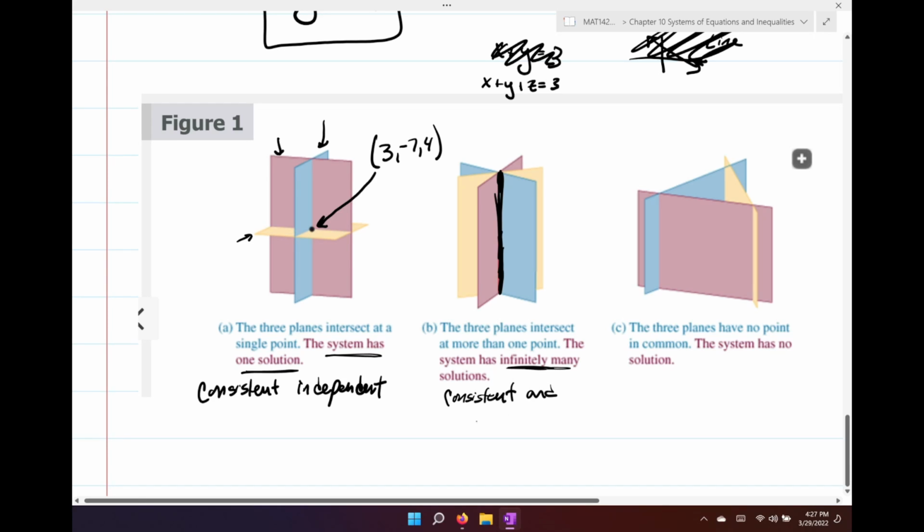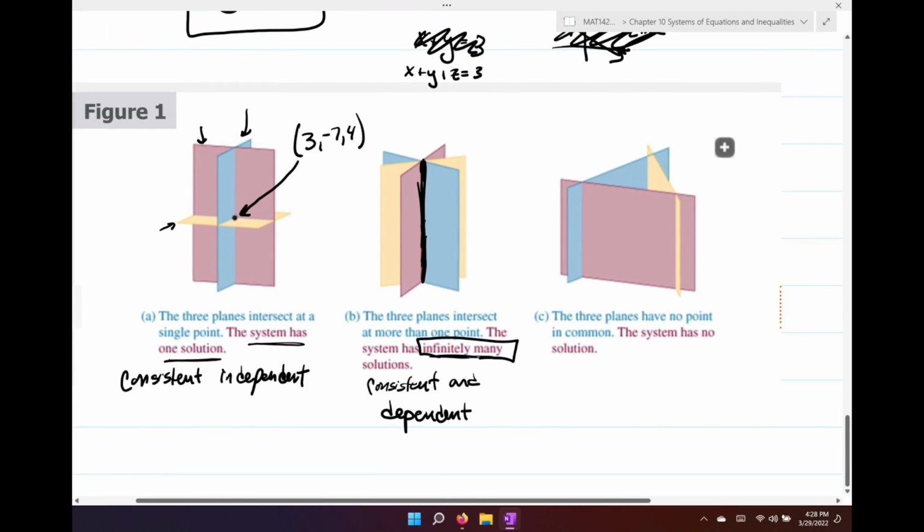And it's dependent because there's infinitely many solutions, which means one equation is going to be dependent upon the other. And then finally, you have a system where you have no solutions. And that's because at no point or at no line do all 3 of these planes that are different colors intersect each other. So we would call this an inconsistent system.